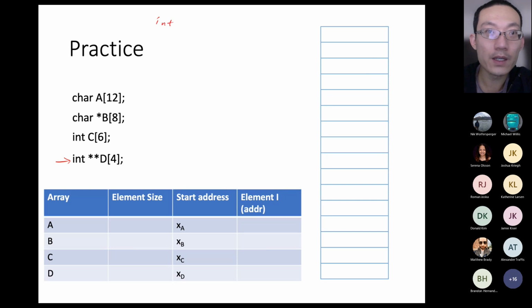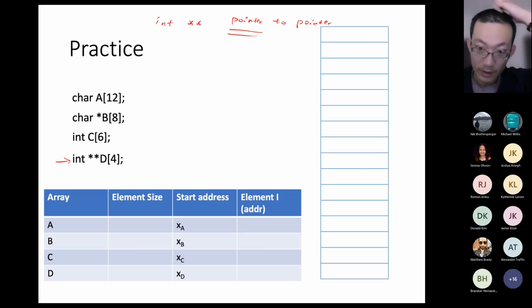If you remember, when we have two stars, it's called a pointer to a pointer. And for a pointer to a pointer, the starting element is still a pointer, right? How can we understand pointer to pointer?